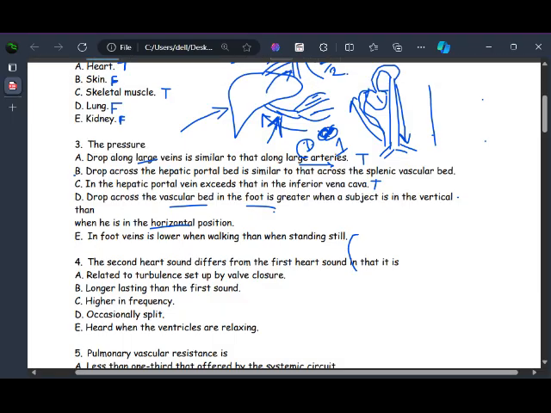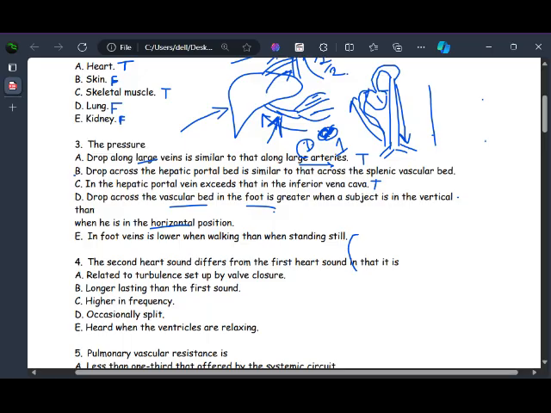The muscles help in pumping blood back to the inferior vena cava and ultimately back to the heart. So the pressure in the foot when you're walking is going to be lower than when you're standing still.